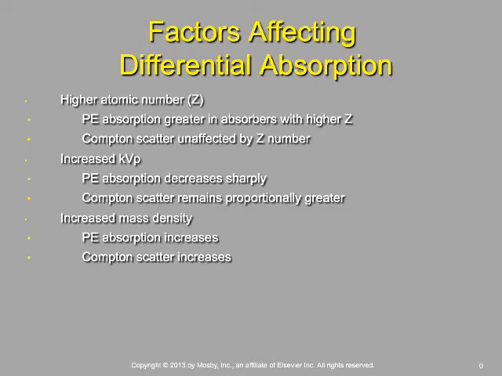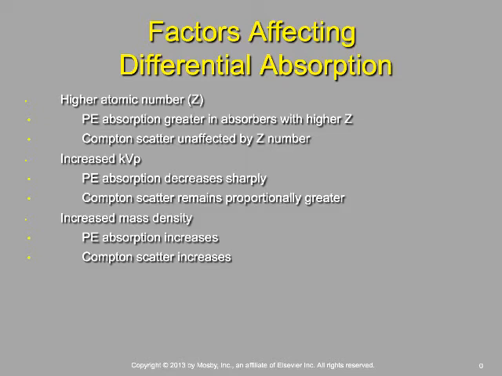So let's think about how those interactions occur. What are the predisposing factors that are going to allow us to see differential absorption if this is how we make pictures? Okay? If the atoms within a given volume have a higher atomic Z number, photoelectric absorption will increase because it is more likely to occur with the higher Z number.